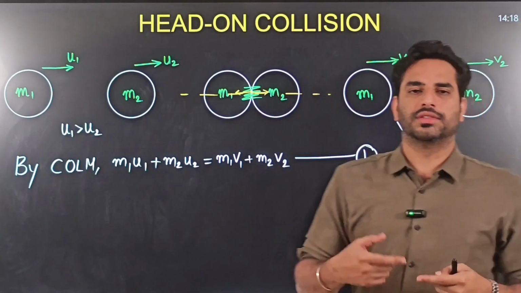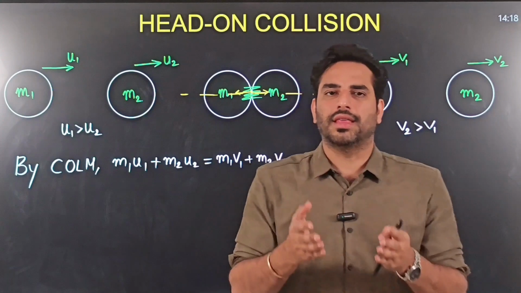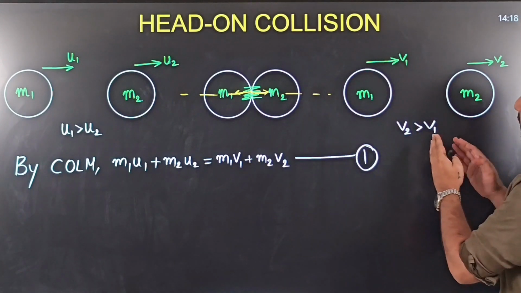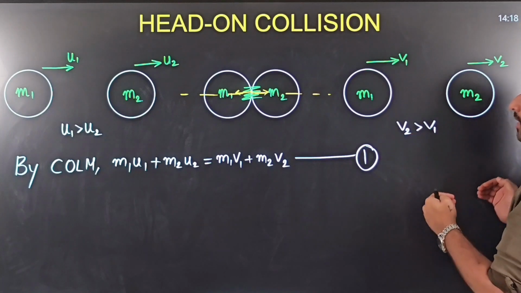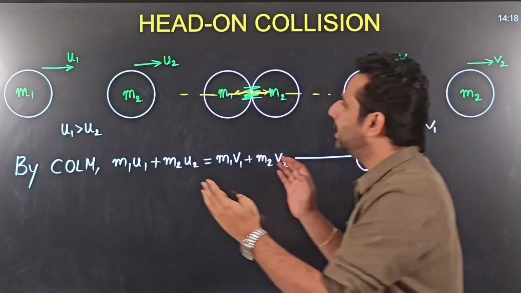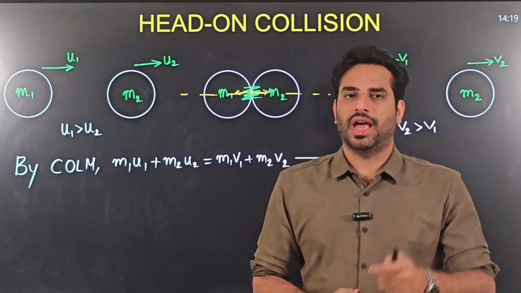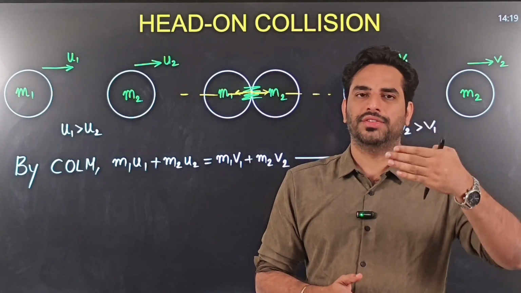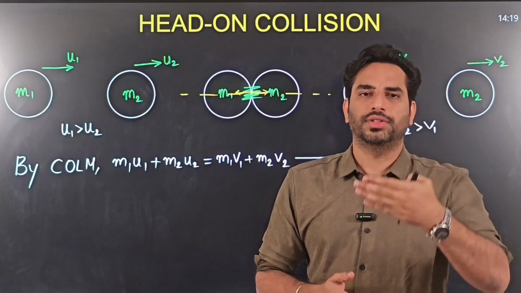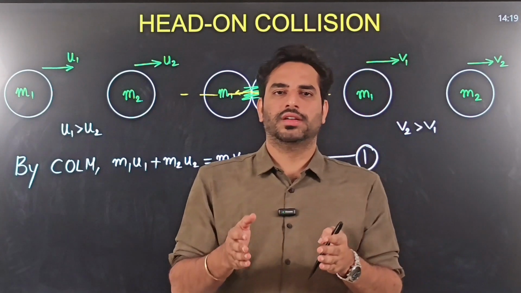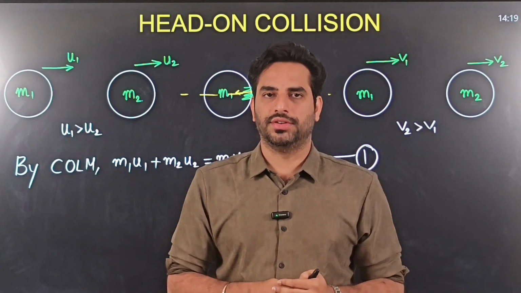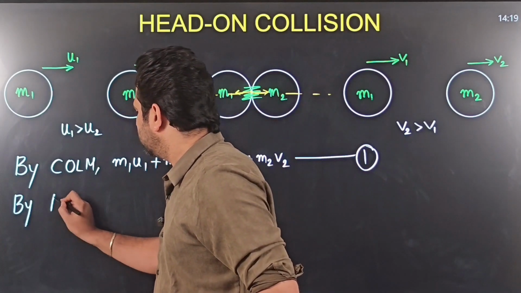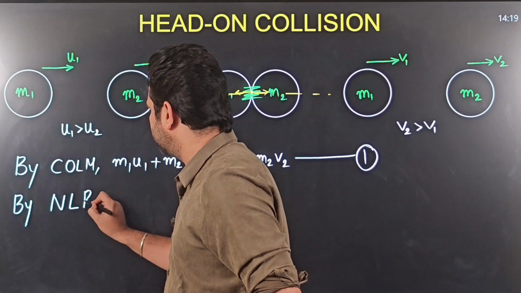That is given by Newton's law of restitution, which says that the rate at which m1 and m2 are getting separated by the rate at which m1 and m2 are getting closer before collision, that ratio remains constant. The velocity of separation by the velocity of approach remains constant, which is known as coefficient of restitution. So second equation is by Newton's law of restitution.